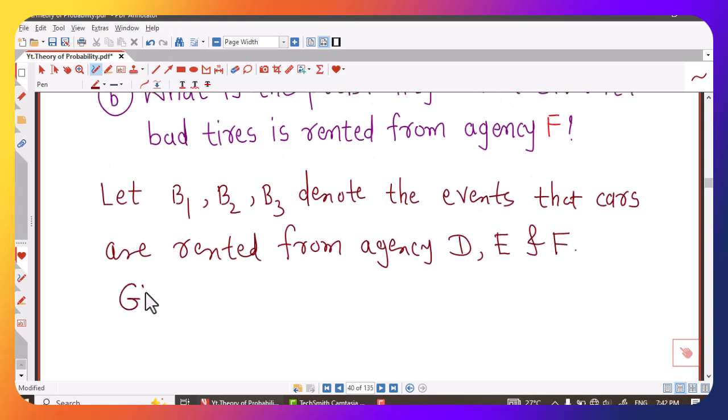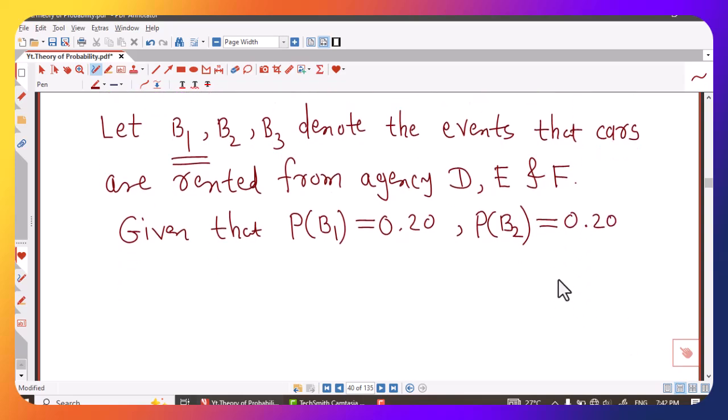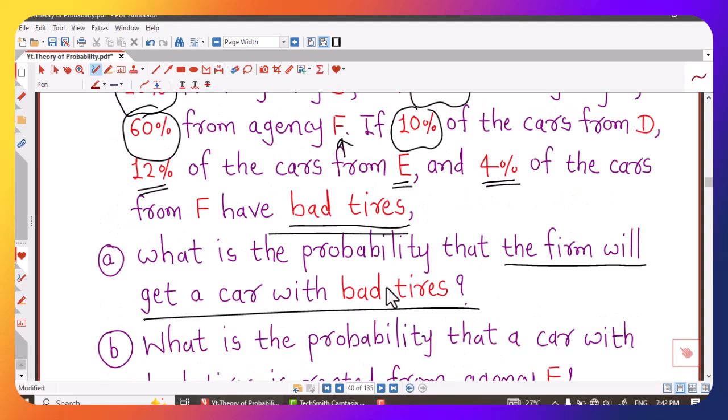So first we write down that information. Given that 20% cars are from agency D, cars from agency D is denoted by B1, so probability of B1 is 0.20. Similarly, it is given that 20% cars are from agency E, therefore probability of B2 is also 0.20, and 60% cars are rented from agency F, therefore probability of B3 is 0.60.